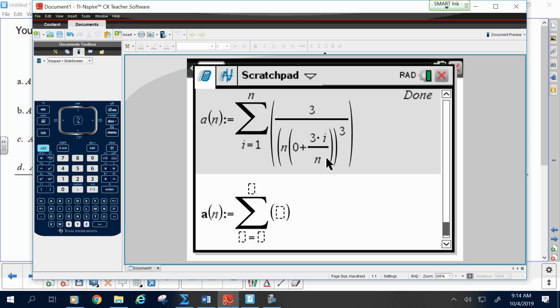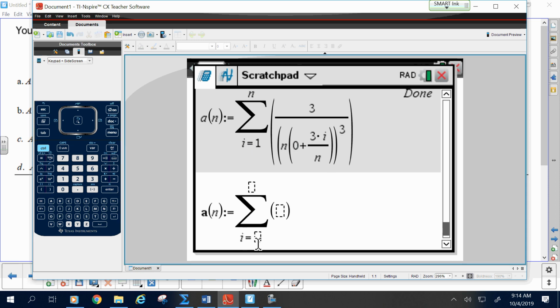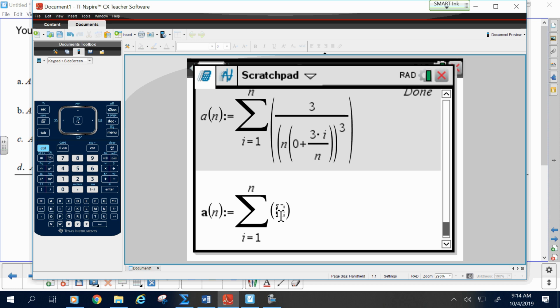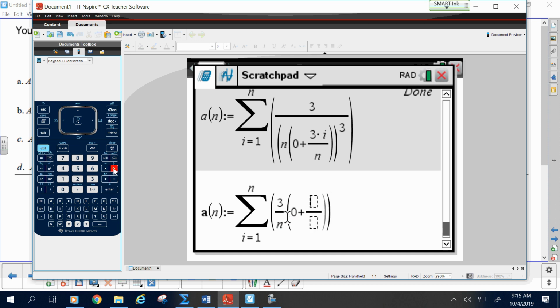Alright, maybe you're right. Maybe I should adjust what I do. That might be good advice. So you're saying go here for the fraction template, 3 i over 10, third.